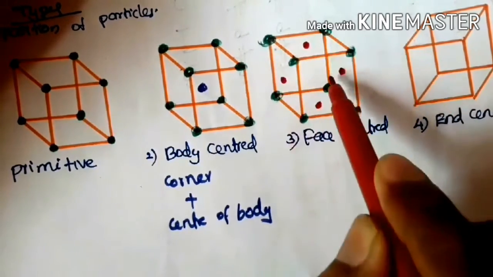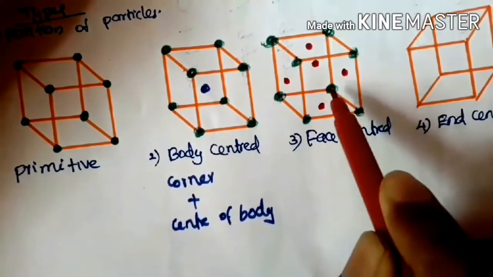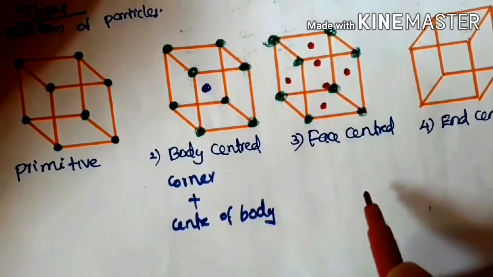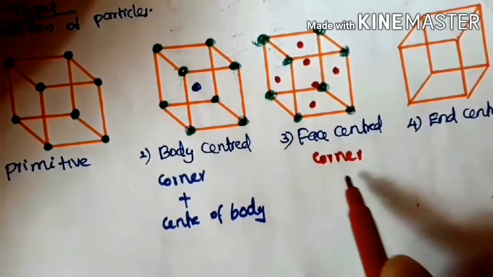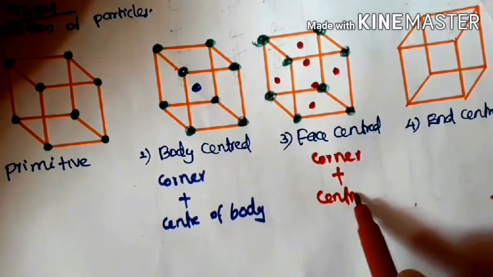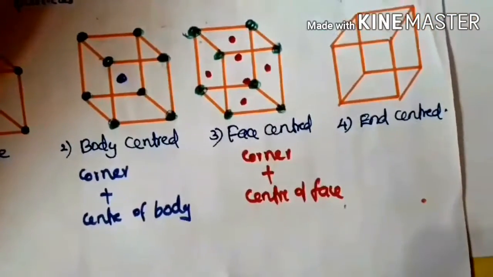Likewise, a cube has 6 faces, so an atom is present at the center of each of the 6 faces. Therefore, atoms are present at corners plus the center of each face, that is face centered.